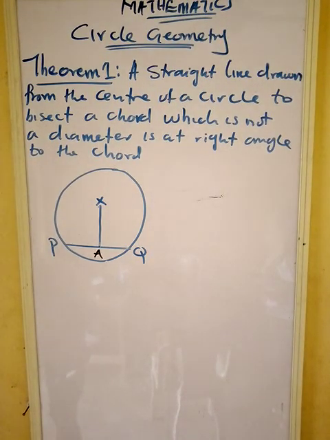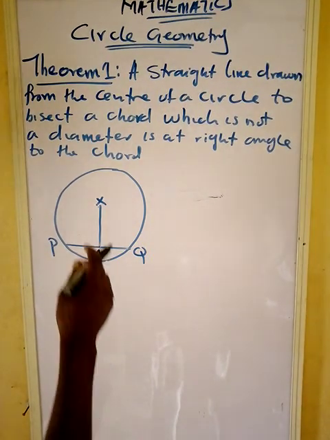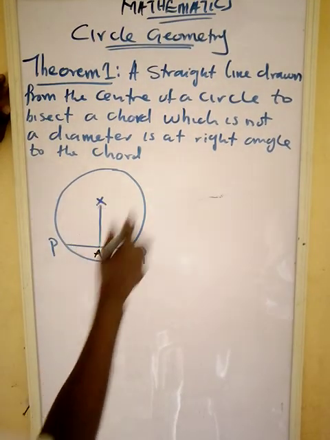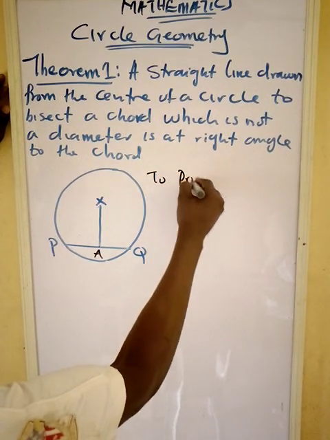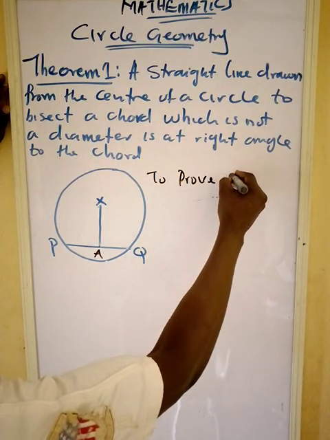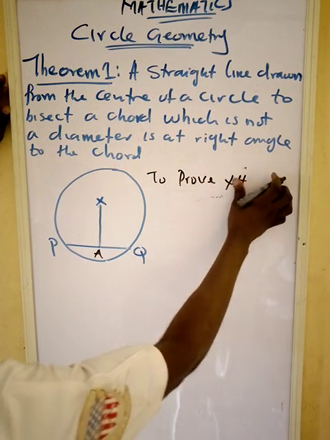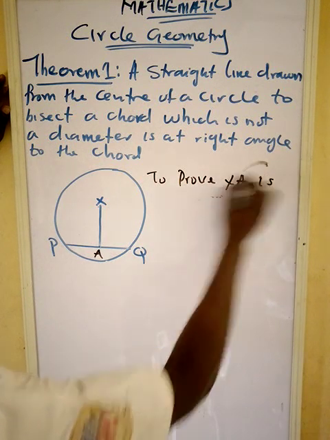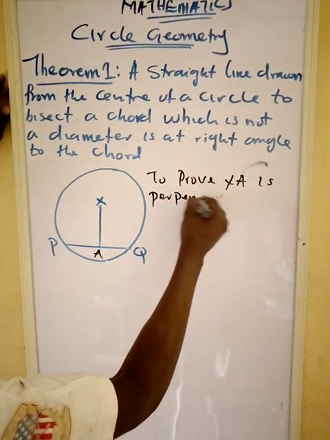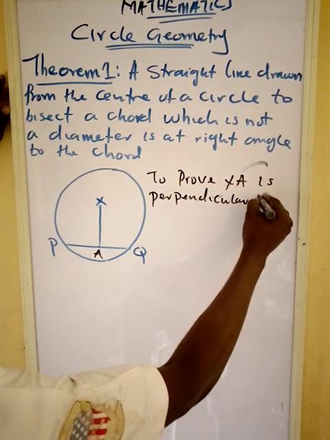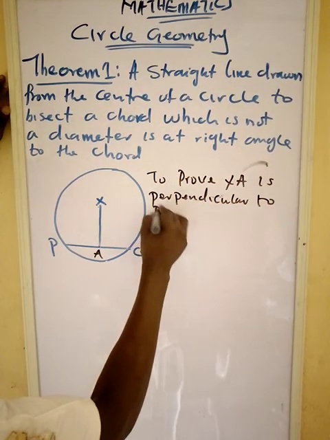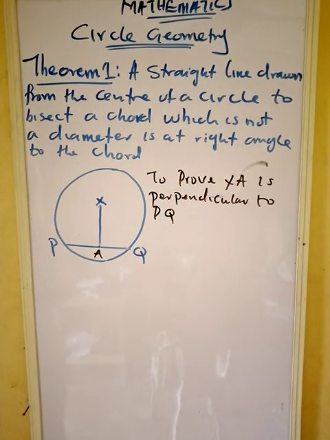Now, to prove that XA is perpendicular to PQ, let's construct.